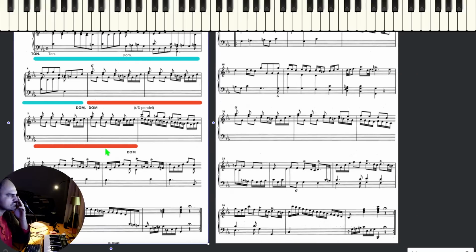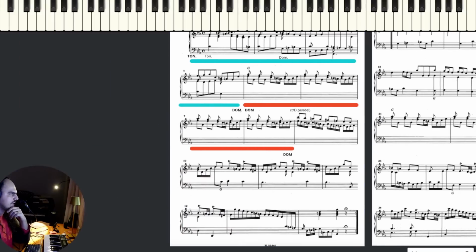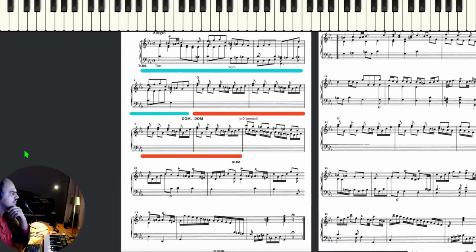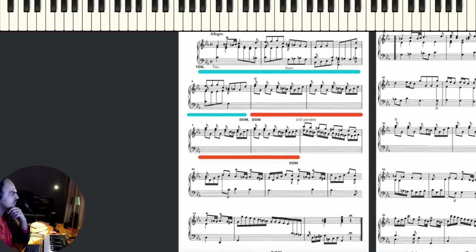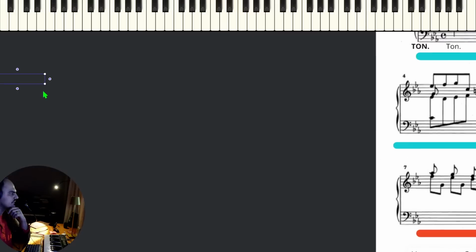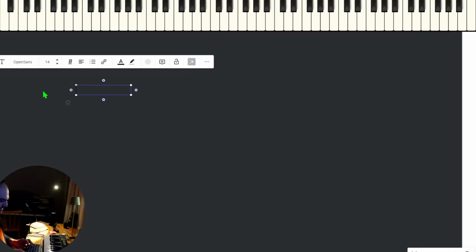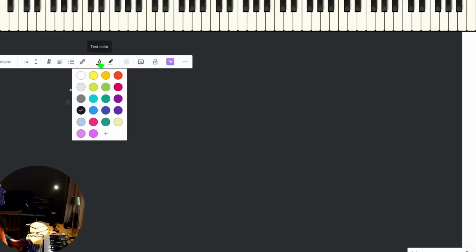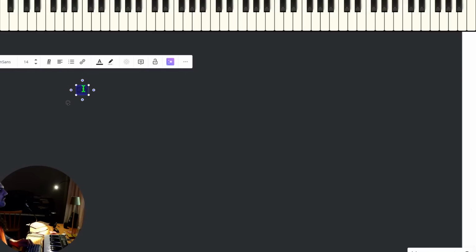And it is very important to have a notion of the harmonic field, as we call it in Brazil. So in C minor, oops.